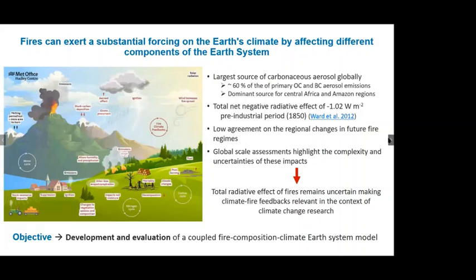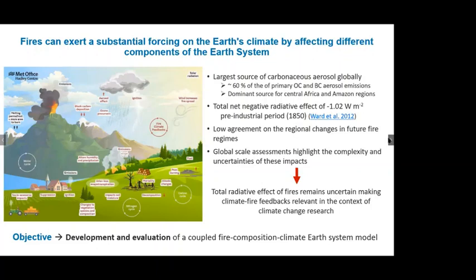Well, the fire can exert a substantial forcing in the Earth's climate, and it's the largest source of carbonaceous aerosols globally, and it represents 60% of the primary organic carbon and black carbon aerosol emissions. It's dominant in Africa and the Amazon regions, so throughout my presentation I will mostly focus on this region and the global status of things.